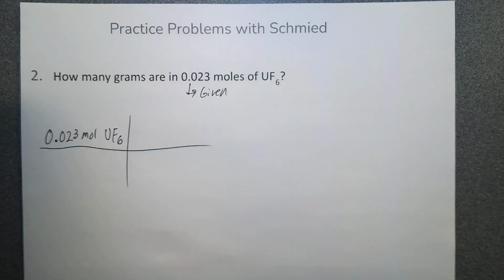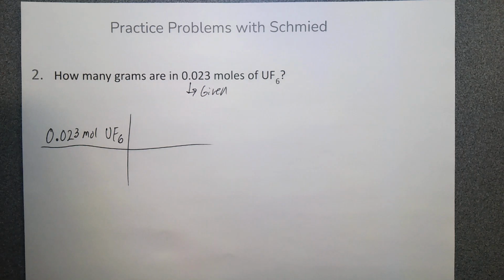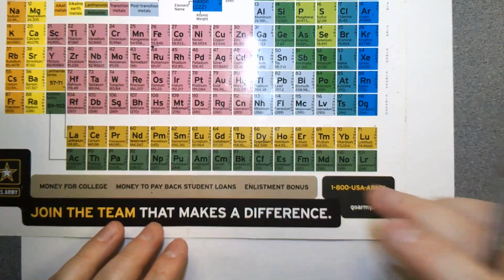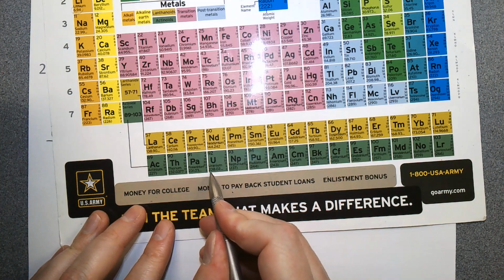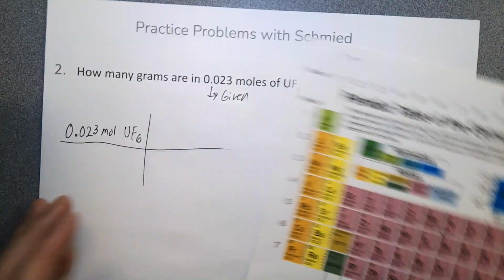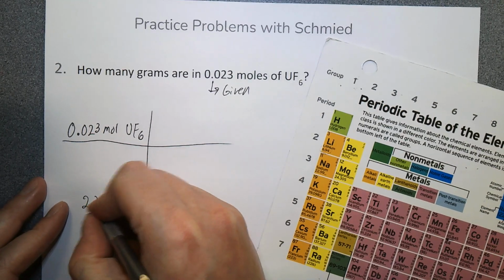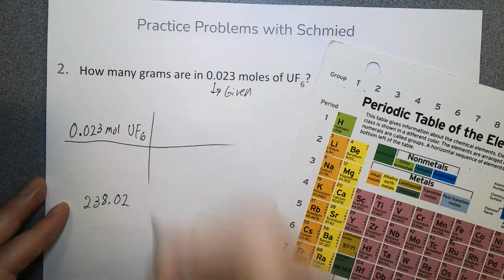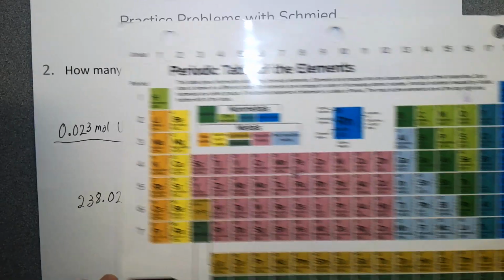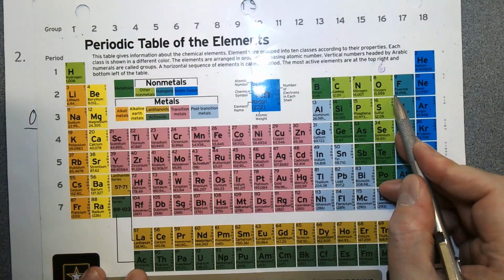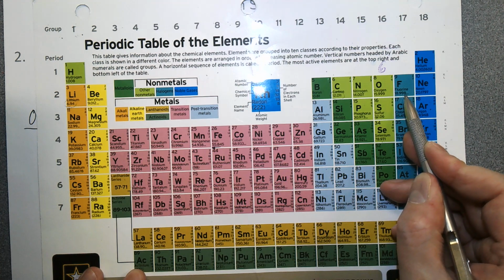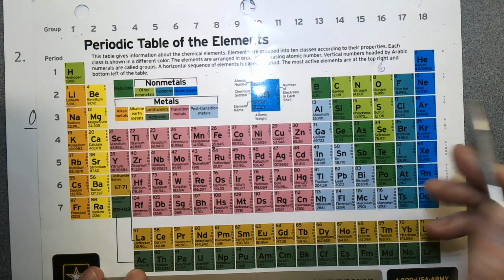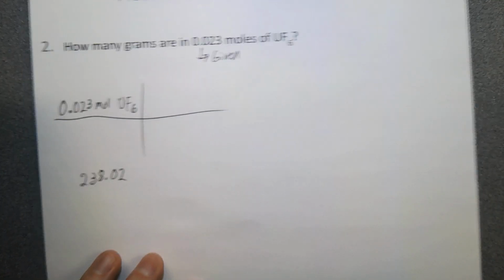Now I need to go to the periodic table to add up the molar mass of UF6. So I've got to find uranium somewhere down on the bottom, 238.02. And I also need to add up the fluorine, the F, which has a mass of 18.998. What's nice is we can round that to 2 decimal places, so 19.